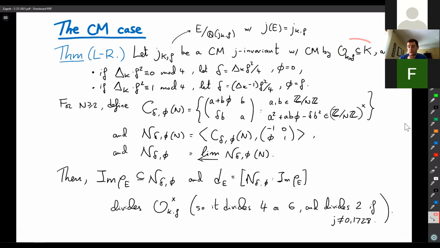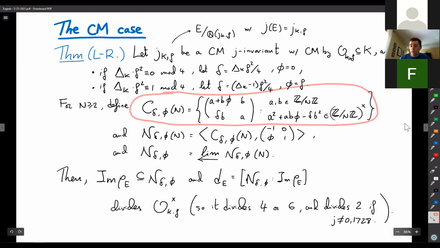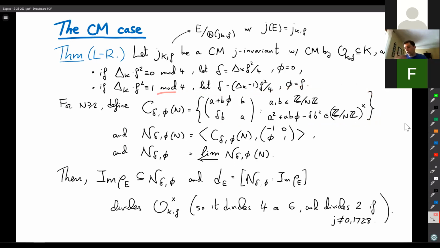Then what I showed is the following. I'm not going to go through the entire slide, but I just wanted to read it out precisely. The point is that there is a subgroup of GL2 Z mod N, which we call a Cartan subgroup. If you do it modulo P, if N is a prime, then these are Cartan subgroups that you probably know and love.